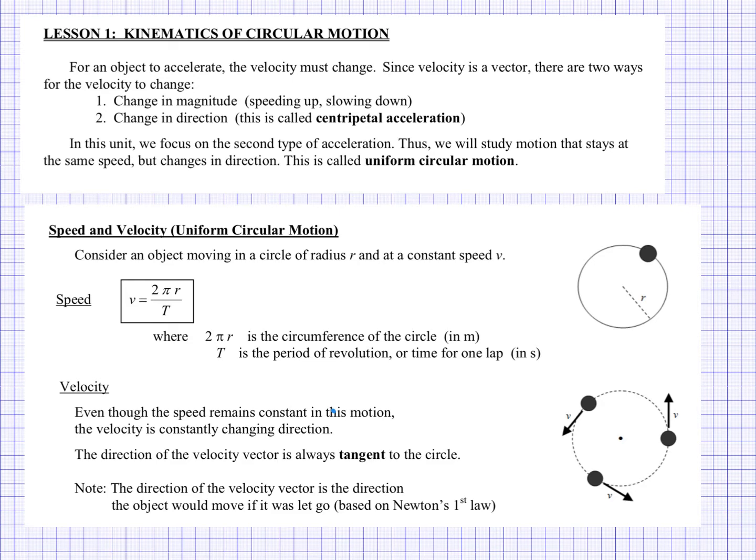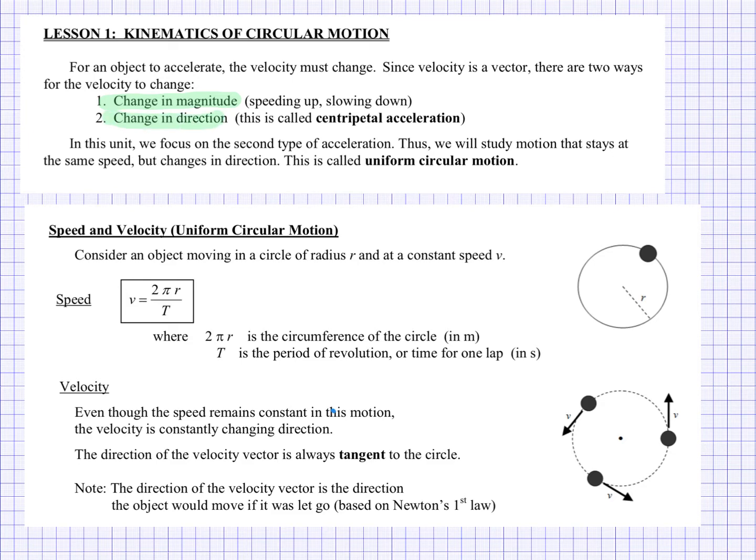The big one to start with is that there's actually 2 ways to change velocity. There's the change in magnitude, which we typically think about, so speeding up and slowing down, but importantly now for circular motion, we also have this change in direction.